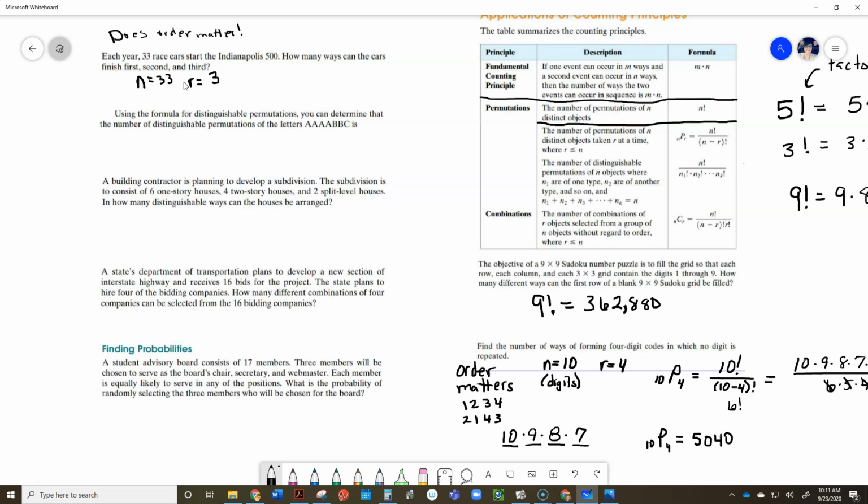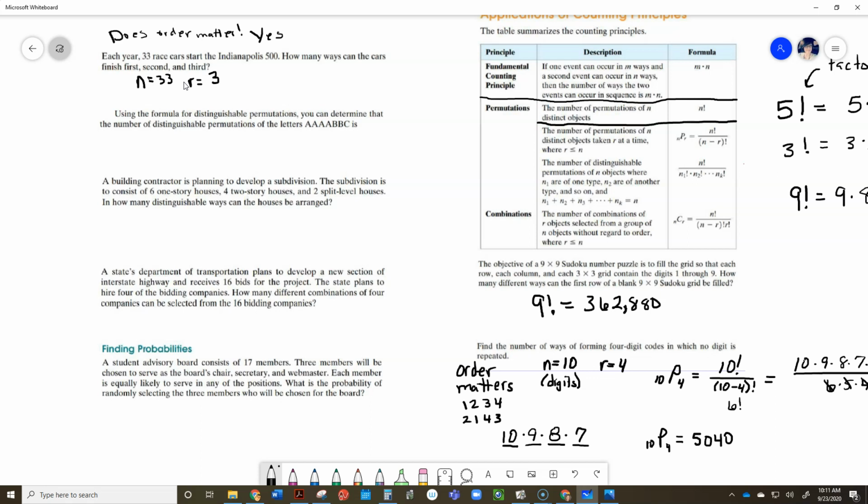I don't know the names of any race car drivers, so Fred, Ted, and Ed. If Fred wins first, Ted wins second, and Ed wins third, is that the same thing as saying Ed wins first, Ted wins second, and Fred wins third? No, it's not the same thing. So first, second, and third is an important matter.